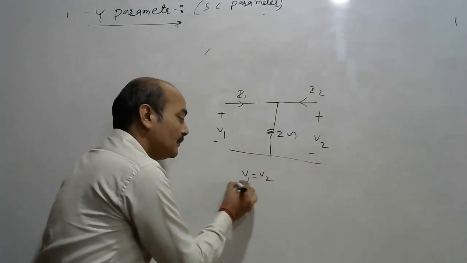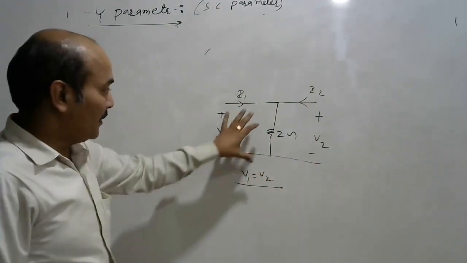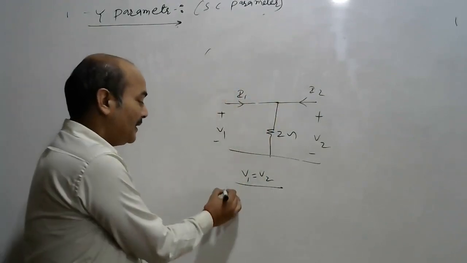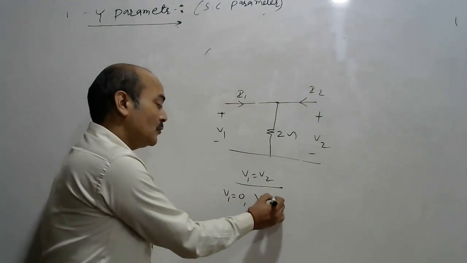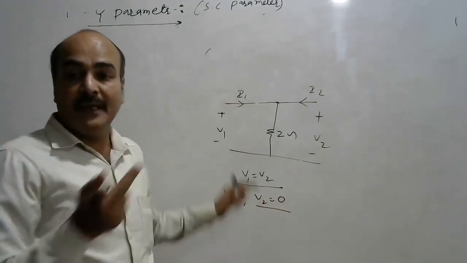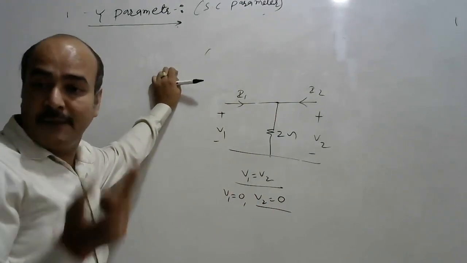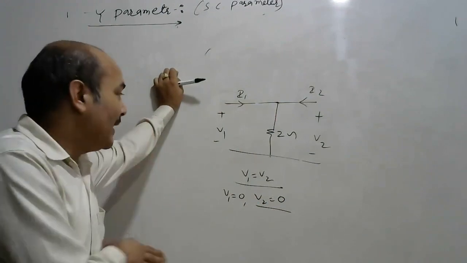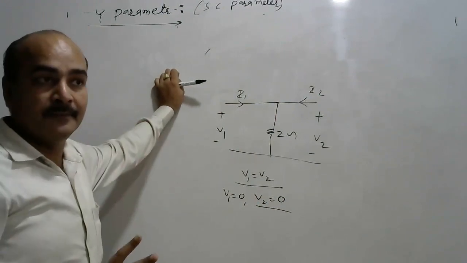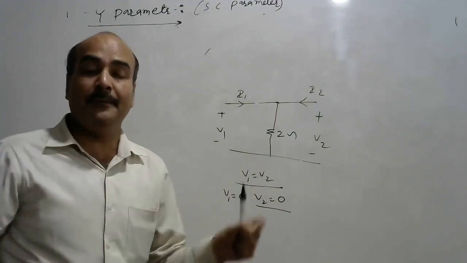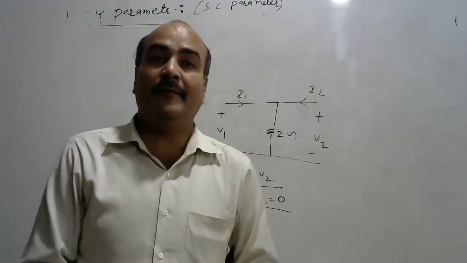V1 equals V2, because both are in parallel. If we make V1 equal to 0, V2 automatically becomes 0. So it is not possible to find the Y parameters of this circuit. For calculation of Y parameters, V1 and V2 should be independent of each other.